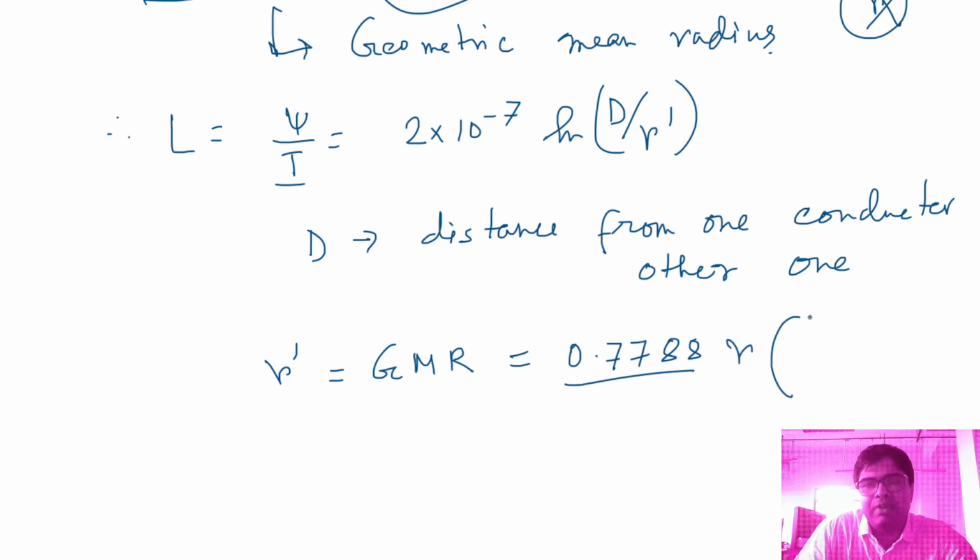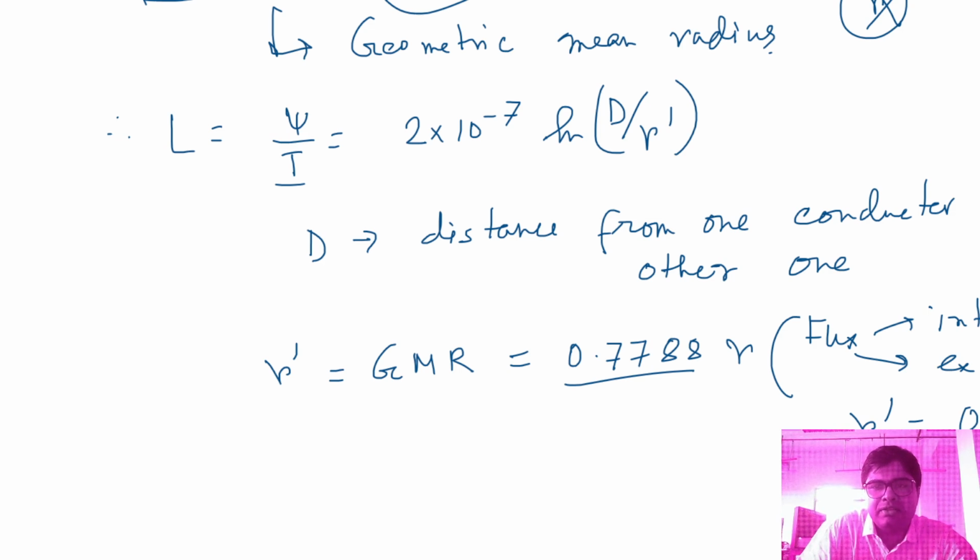What is the meaning of this expression? You see, flux is linking internally as well as externally. So when these two effects are considered, the equivalent radius is found to be some fraction of the overall conductor radius.